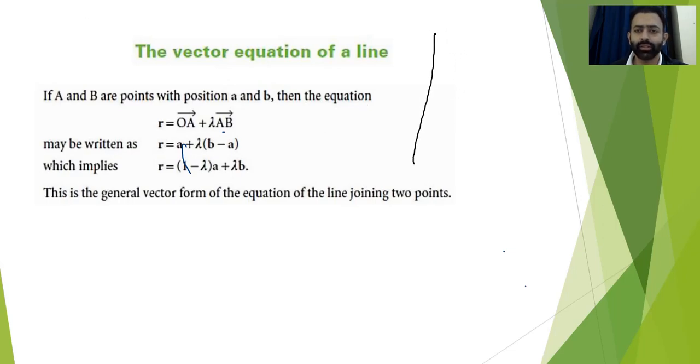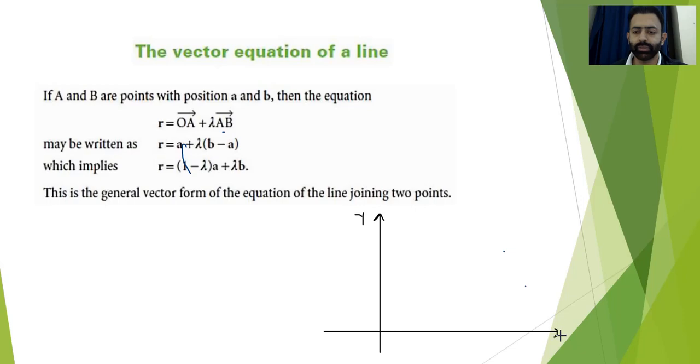Let us say this is our coordinate system, and this is the y-axis, this is the z-axis, and in space we have point A whose position vector is given by OA, and a point B whose position vector is given by OB.